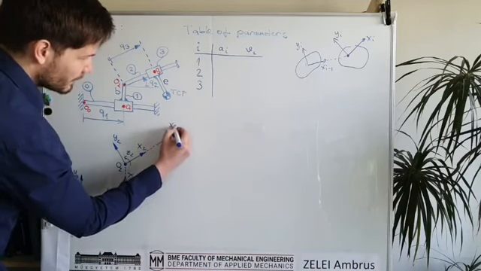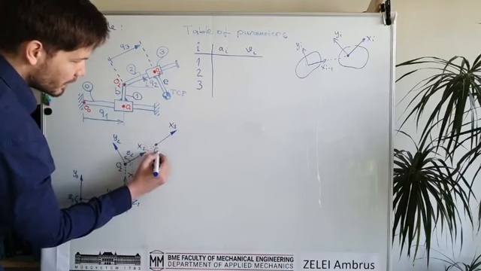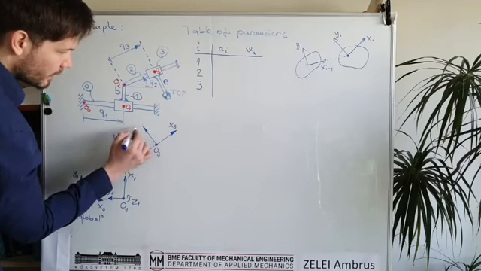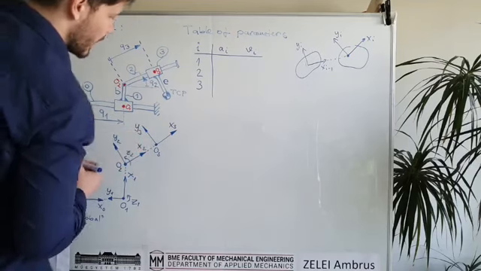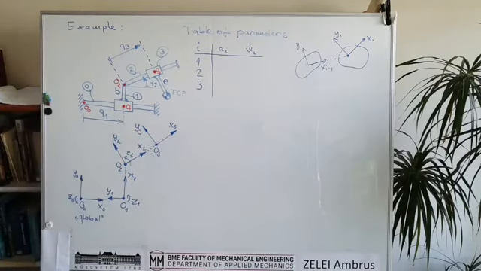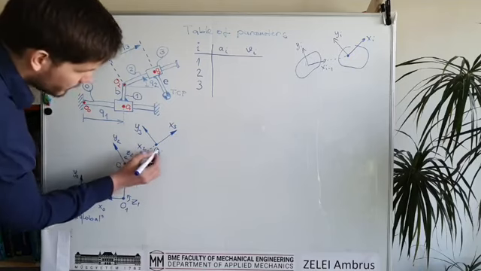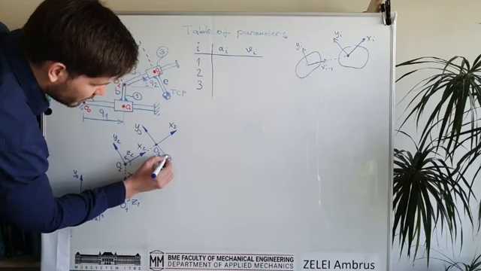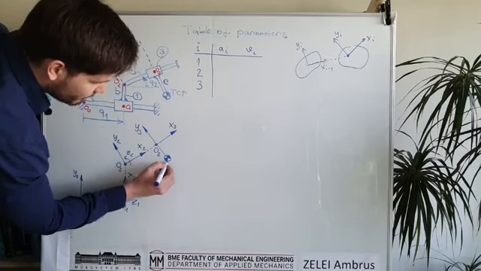So x3 will be here, O3 will be here, and this y coordinate will be here. And again, we see that the tool center point is fixed here rigidly.